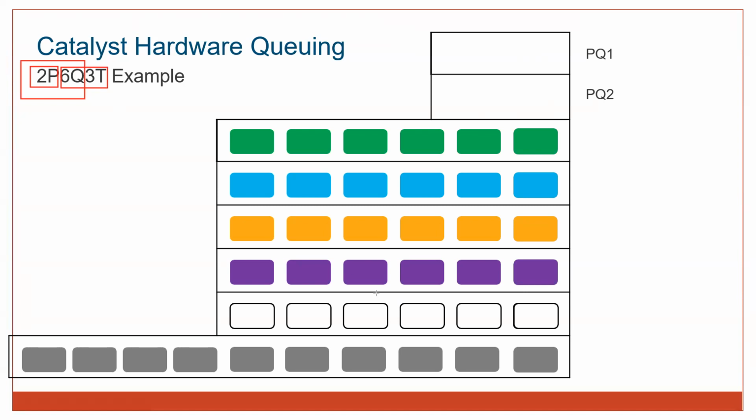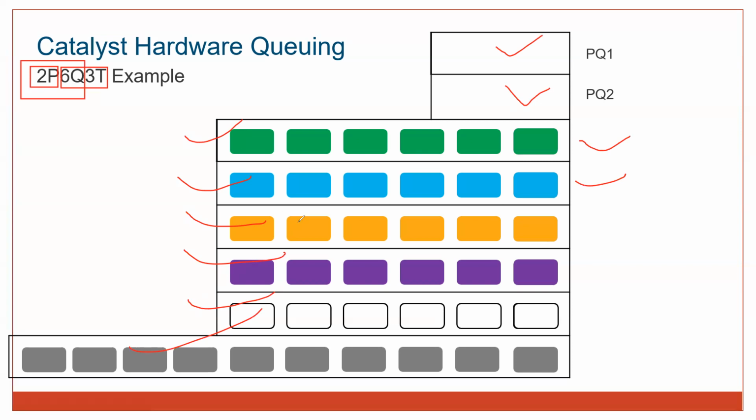Here you can see in the diagram that you have priority queue 1, priority queue 2, and then the other queues: queue 3, queue 4, Q3, Q4, Q5, Q6, Q7, Q8. The remaining 6 queues.